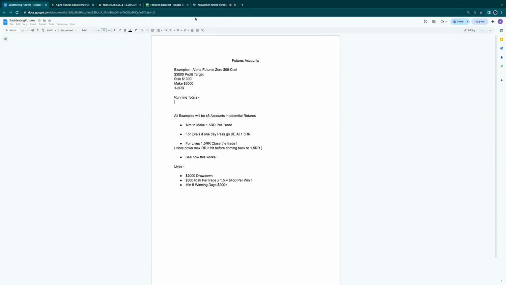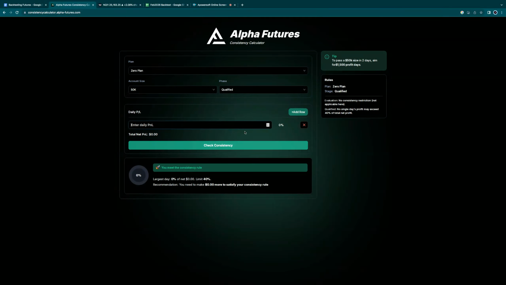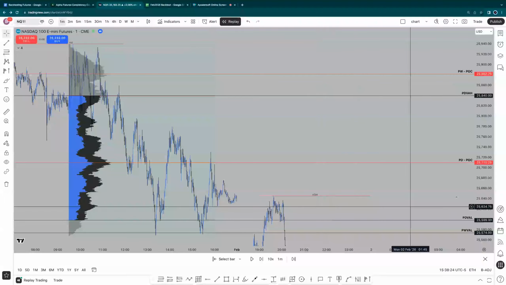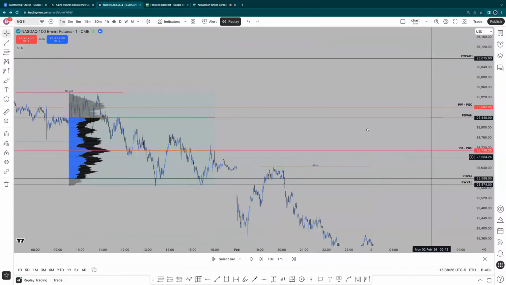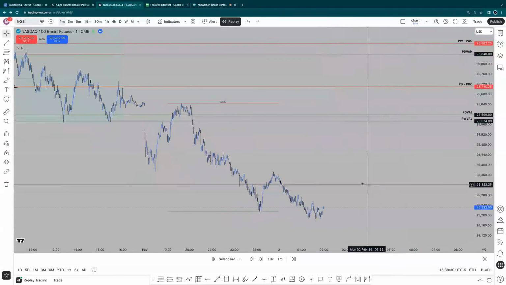Now, Alpha Capital does have a 40% consistency rule, which we can keep an eye on. Once we've completed the data for the prior week, which will be the week of Monday the 2nd of February 2026, which was last week, we can check all this out. We're now on Saturday the 7th, when I'm doing this testing.